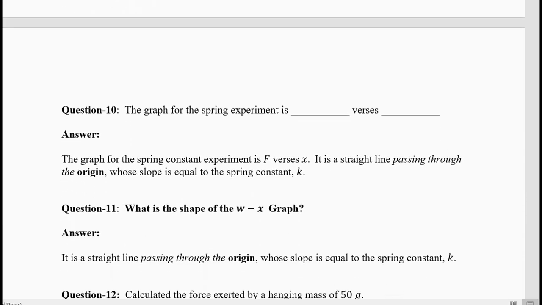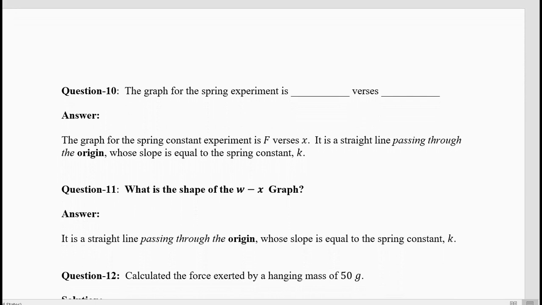That's it. Now what is the graph of the spring experiment? It is F versus x or W versus x, where W is the weight and F is the applied force. Both are fine. So the graph of the spring constant is F versus x. It is a straight line passing through the origin whose slope is equal to the spring constant. This is very important.